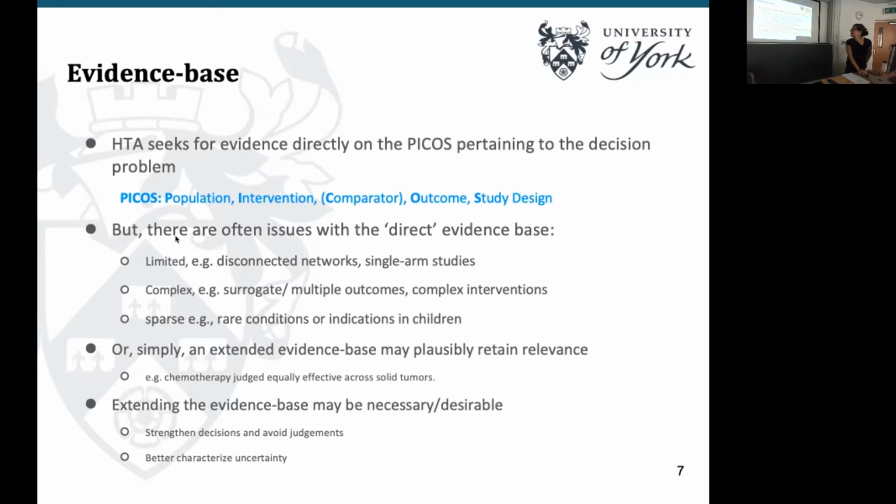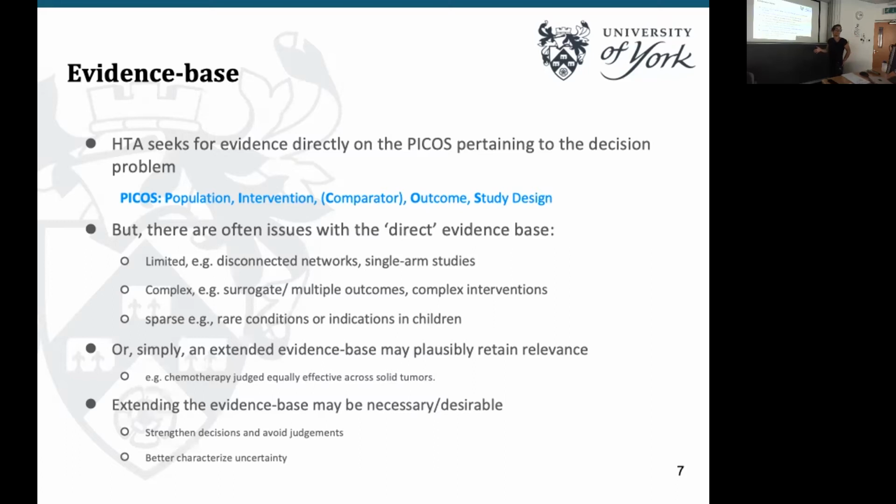And what happens is that these appraisals are done indication by indication, and they're done as soon as the product is licensed and has a marketing authorization. So it's quite early as the product is made available.